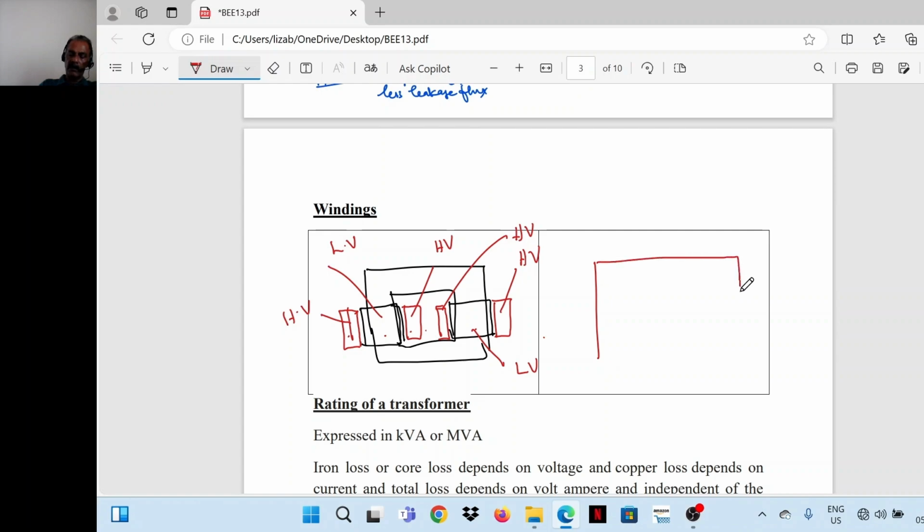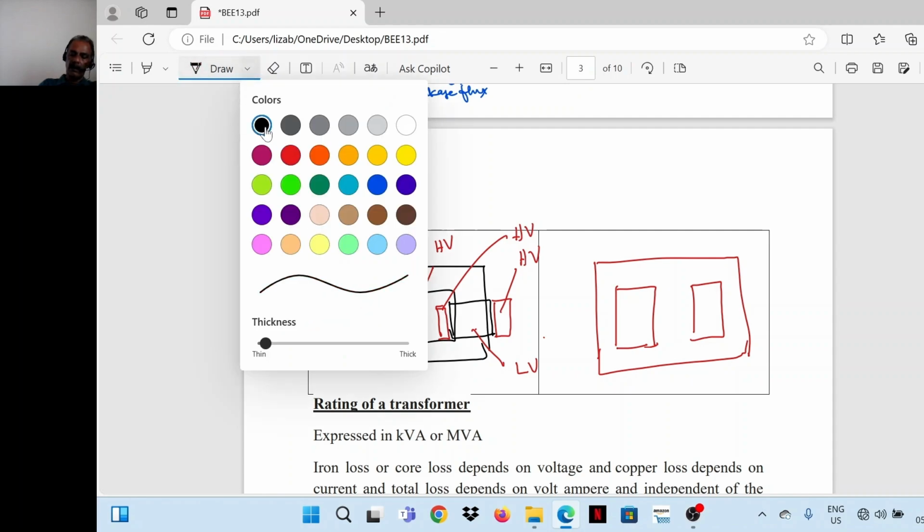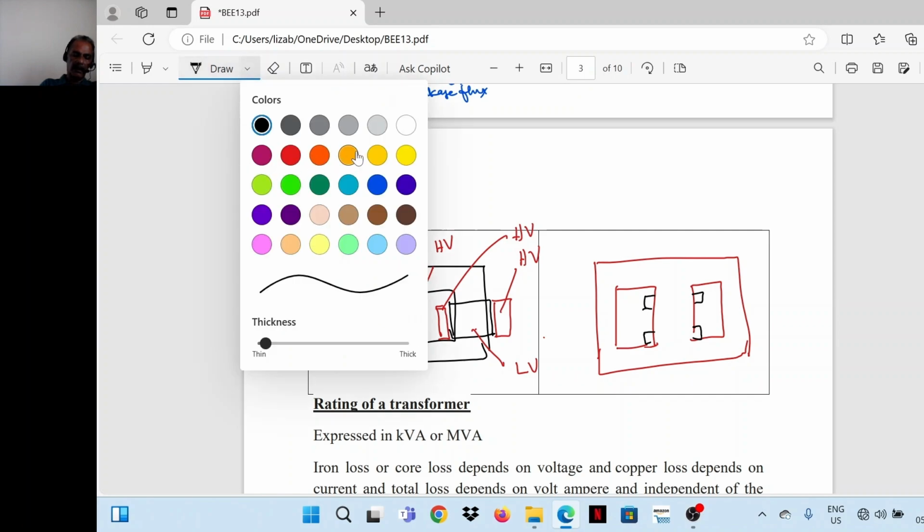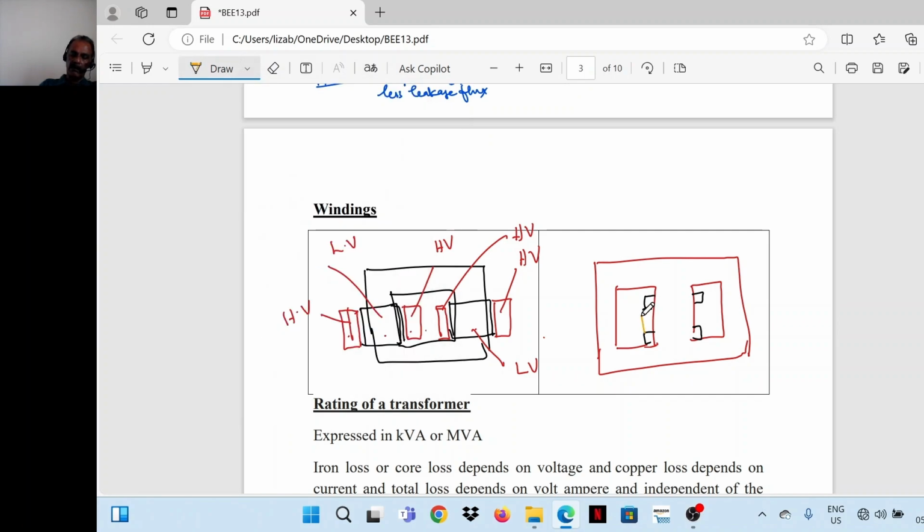Shell type transformer: the outer limbs are used only for completing the magnetic path. So LV half here, and HV outside that, in between.